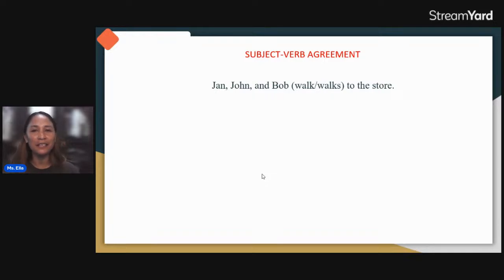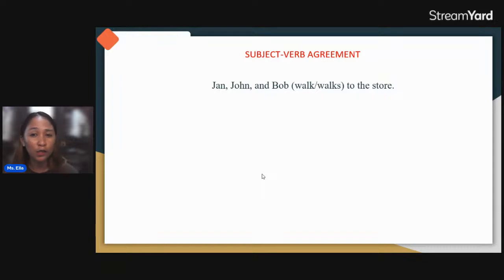We have here the sentence: Jen, John, and Bob. Is it walk or walks to the store? Can I see your answers in the comment section? What is the correct verb to use in this sentence?